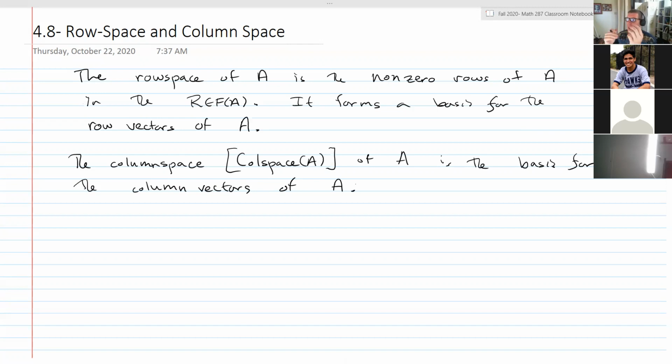When we talked about what happens if you end up with a vector that's a linear combination of the other vectors in the matrix. And when that happens, you end up with an extraneous vector, a redundant vector, and so we can remove that. And when we remove that, we're going to end up with a col space. Okay.